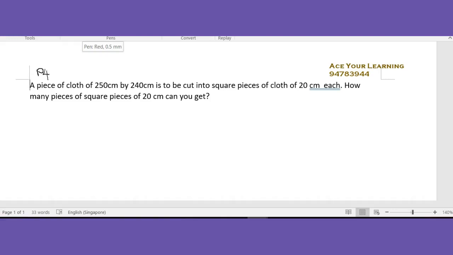So you know the piece of cloth measures 250 cm by 240 cm, and you want to cut it into square pieces of 20 cm each. And the question asks, how many square pieces of 20 cm can you get?